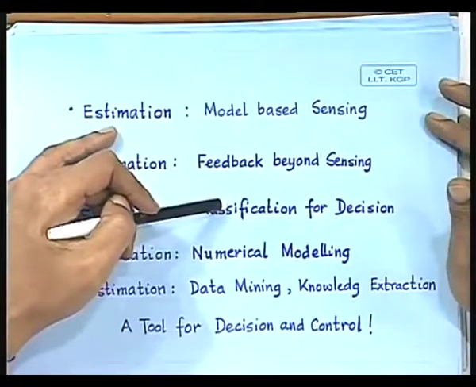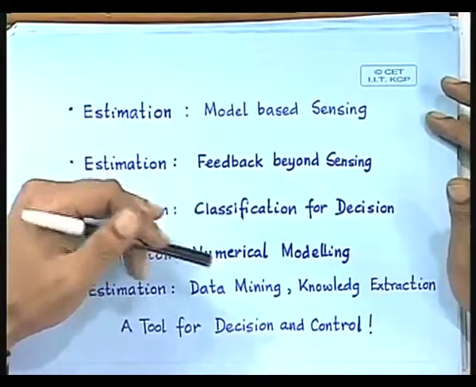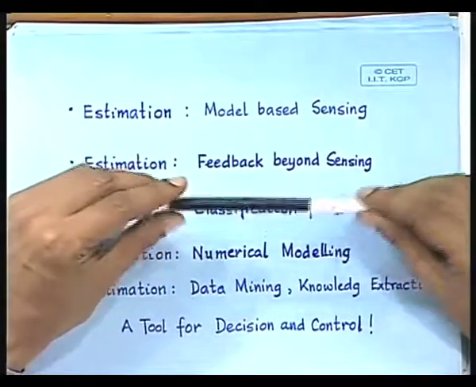These comments typically refer to signal estimation. If we come to system estimation, we find that we are trying to estimate models. Typically, model estimation, as we have seen, involves two things. Firstly, it is model structure estimation, or deciding on a model structure, and secondly, trying to decide the parameters of the model within that structure. We have also made comments that a model is always an approximation of the system.